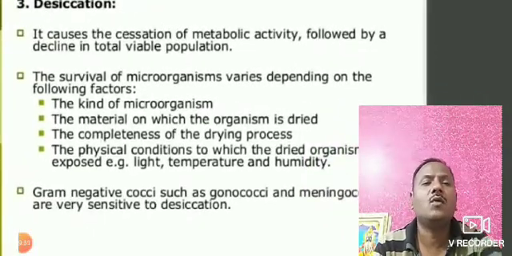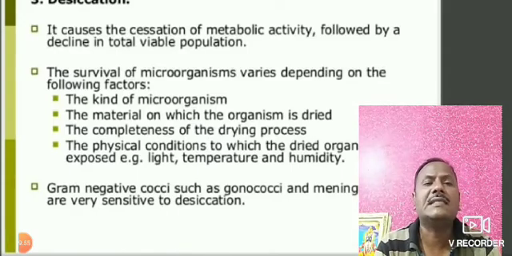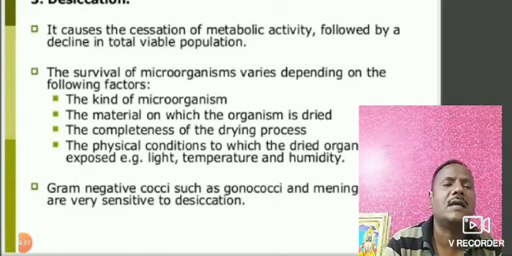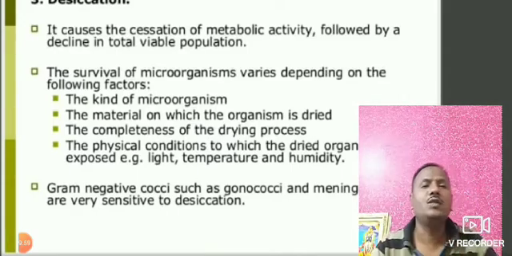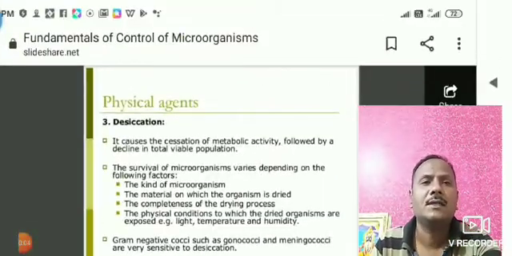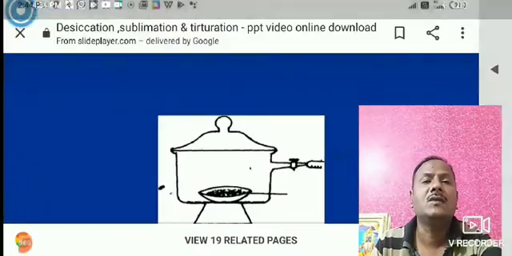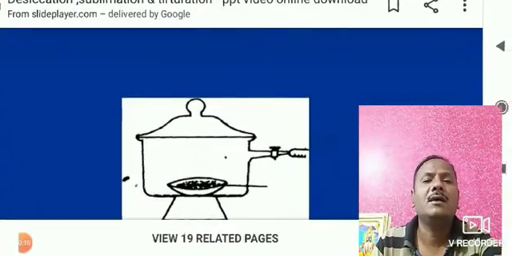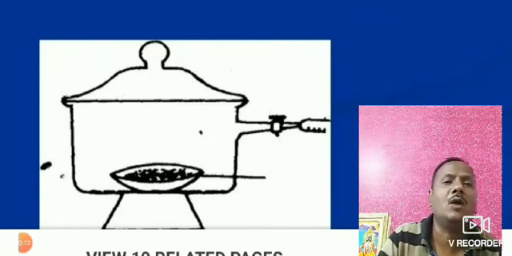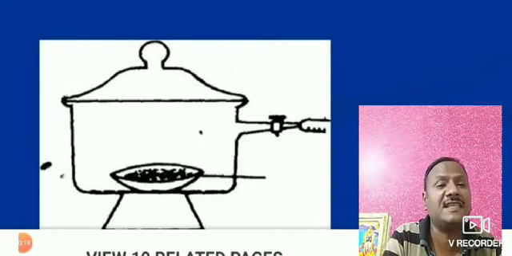Gram negative cocci such as gonococci and meningococci are very sensitive to desiccation. It means that within a short period of time, these gram negative cocci are easily destroyed by this process. So this is very important. You just see the structure of desiccation, how we can keep the materials within the desiccator.